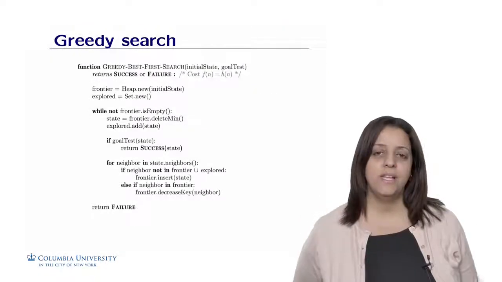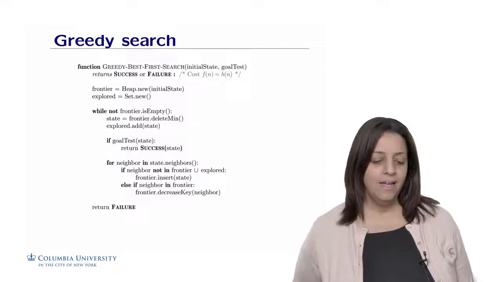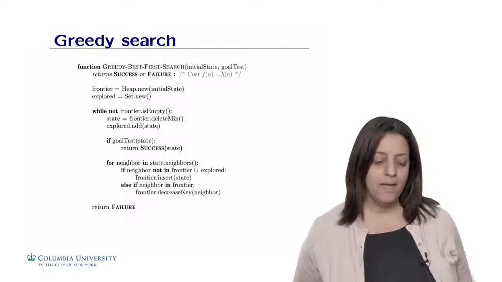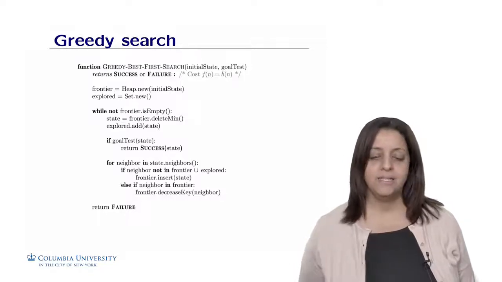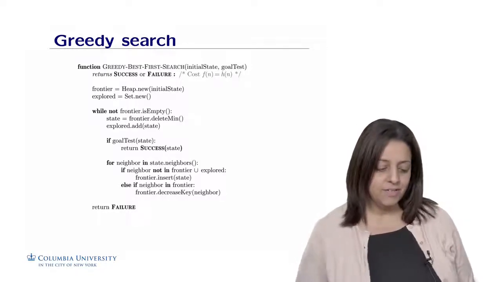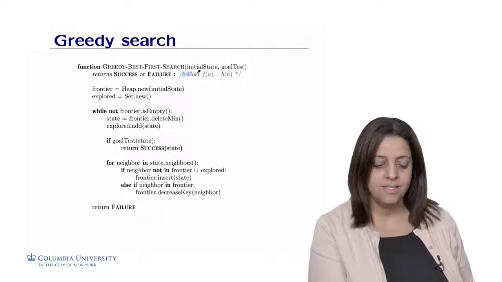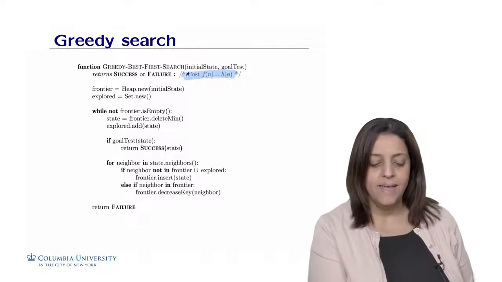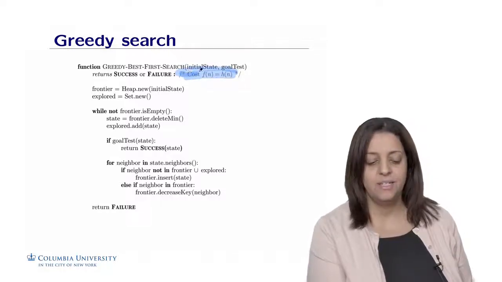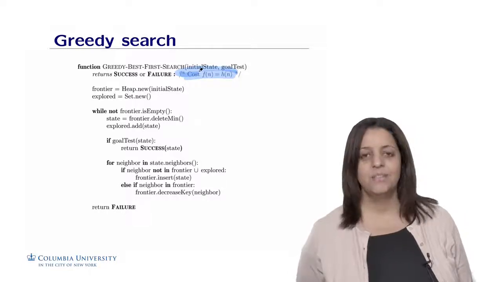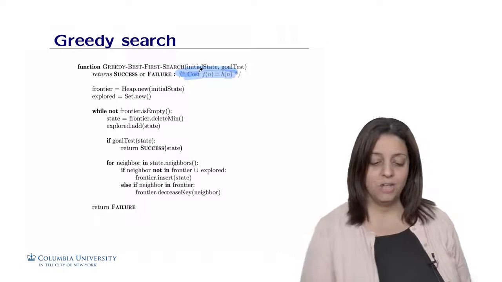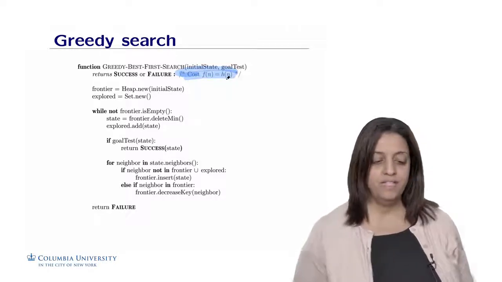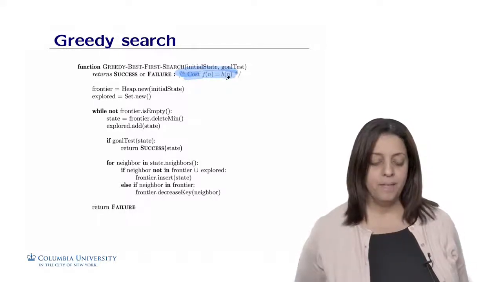Greedy search uses an algorithm similar to UCS in the sense that we also prioritize in a priority queue by some cost, except that the cost is now based on h of n, the heuristic, instead of the total cost of the path to n. So we change the cost from g of n to h of n, and this is our greedy search algorithm.